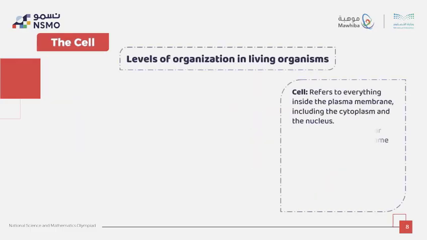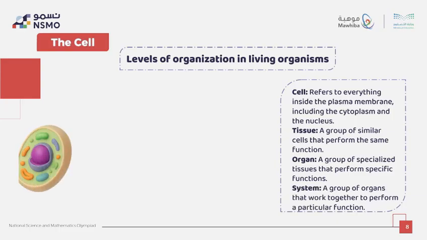Okay, this slide shows how living organisms are organized from the smallest level to the largest. Cell refers to everything inside the plasma membrane, including the cytoplasm and the nucleus. The second one, tissue: a group of similar cells that perform the same function.